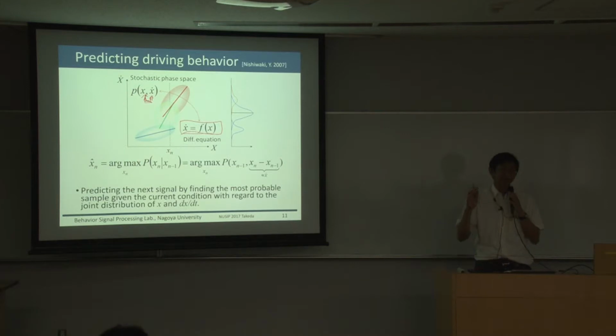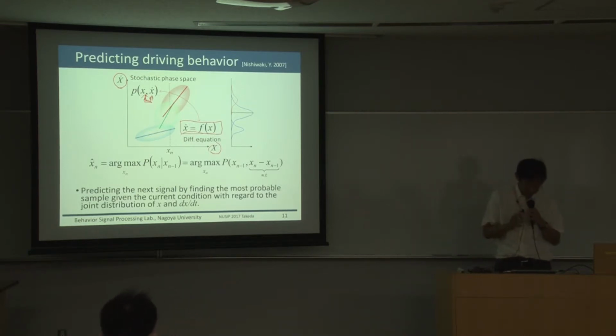If you see the joint distribution of x and x dot, or stochastic information, static information and dynamic information, then you can find the relationship between two variables in terms of the frequency of the distribution, or in terms of the density of data, right?